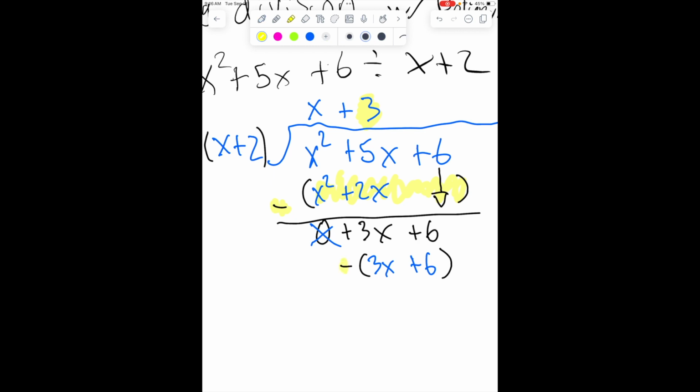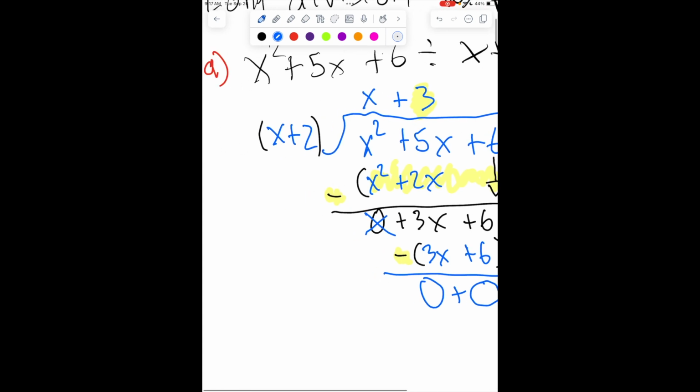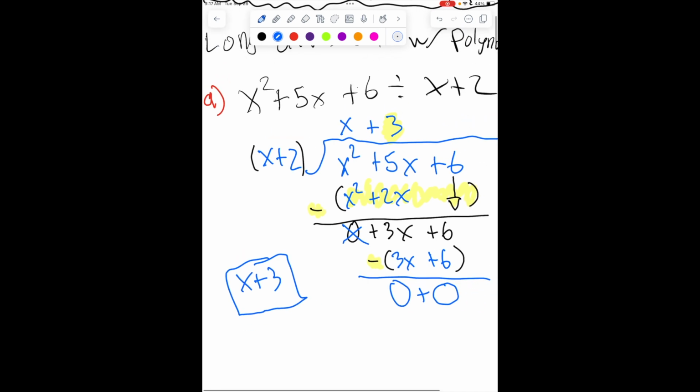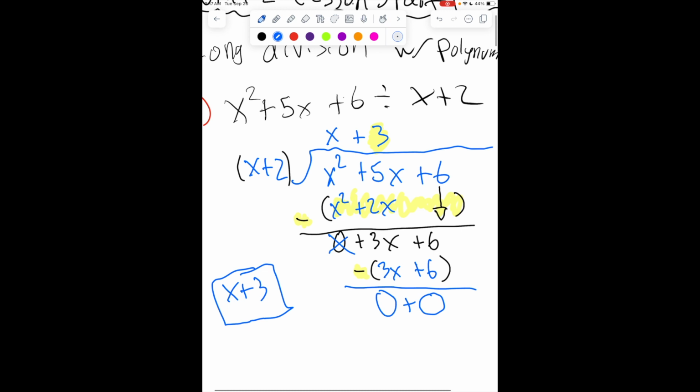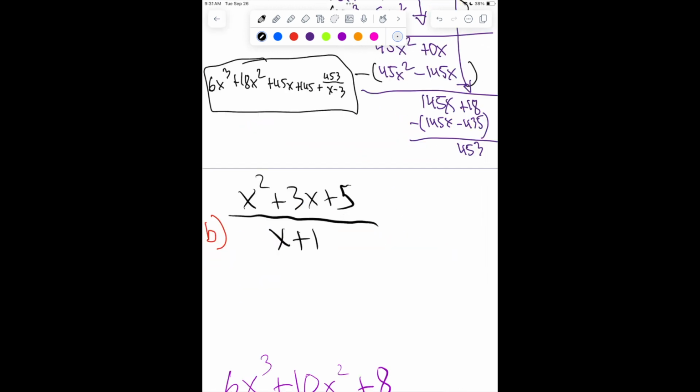But when I distribute this subtraction sign, it is actually going to cancel out both terms. And so when we are left with a 0, or if we cancel everything out like this, then we know that our final answer is x plus 3 with no remainder. So x squared plus 5x plus 6 divided by x plus 2, just add some parentheses, equals x plus 3.